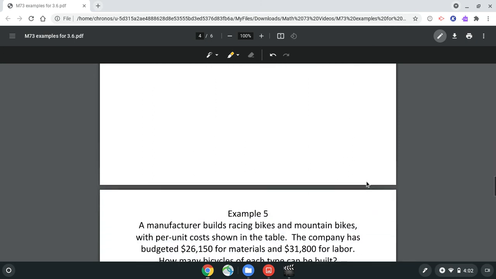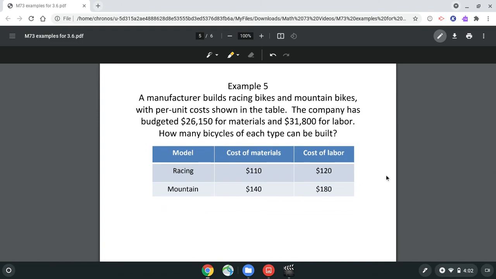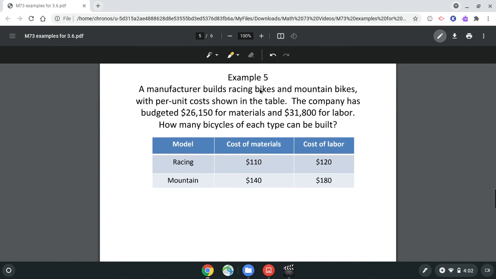Let's take a look at the next one. Example number 5. A manufacturer builds racing bikes and mountain bikes with per unit cost shown in the table. The company has budgeted $26,150 for materials.